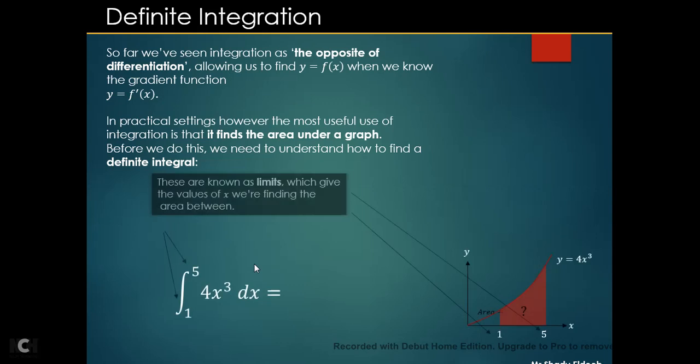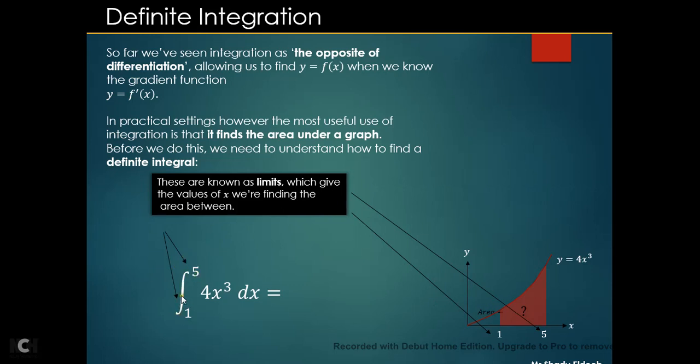Let's take an example like that. We have a curve y equals 4x^3, and we want to find the area under this curve between x equals 1 and x equals 5. 1 and 5 here are known as limits, which give the values of x we are finding the area between. We will write the symbol like that.